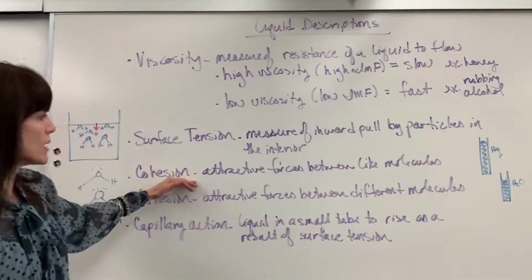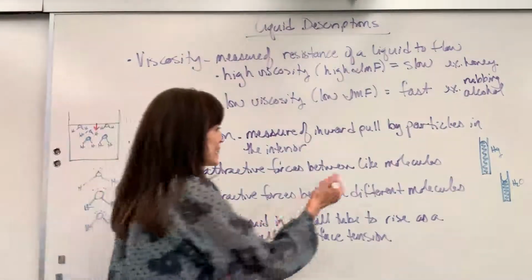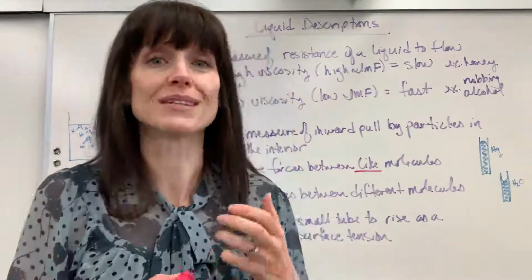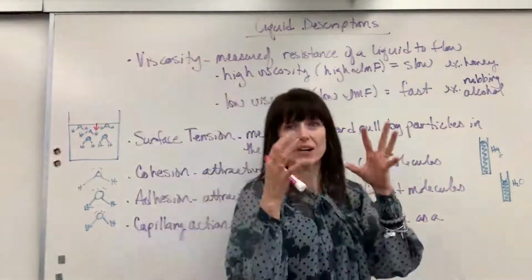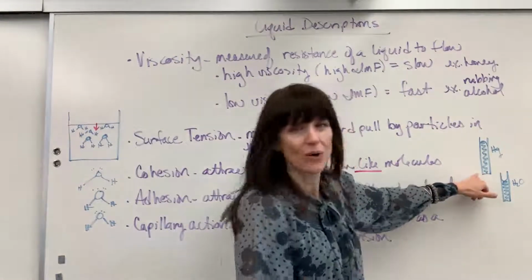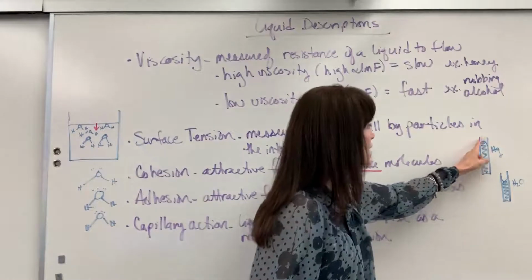Cohesion. Okay, cohesion, this is attractive forces between like molecules. Key word here is like. Now I want you to visualize the old temperature probes that had mercury in them. Mercury is very, very attracted to itself, very cohesive. And if you look at those old temperature probes, you'll notice that the mercury goes up.